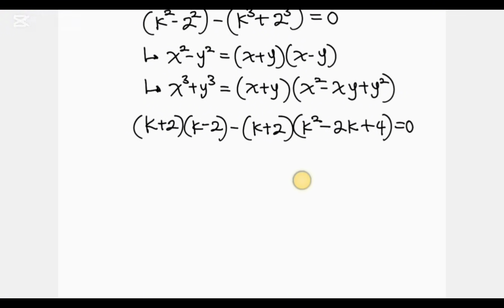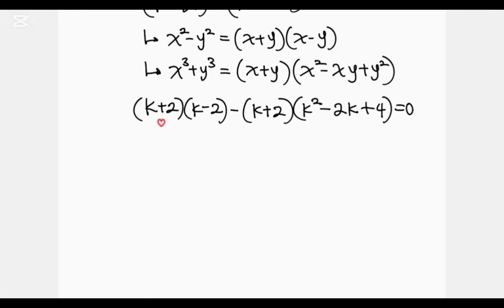And now notice something. Notice that k plus 2 is common. So we can factor out k plus 2 and then open a bracket. Now, when I factor out k plus 2, I have k minus 2 remaining here. So k minus 2 minus.